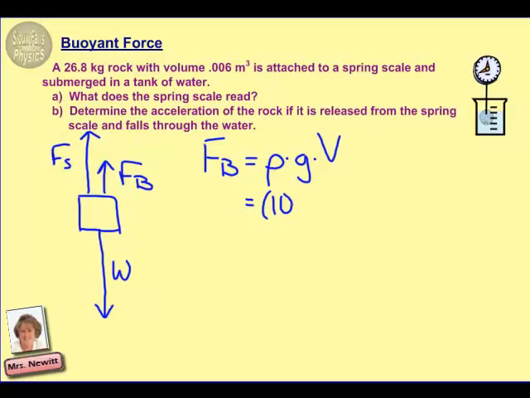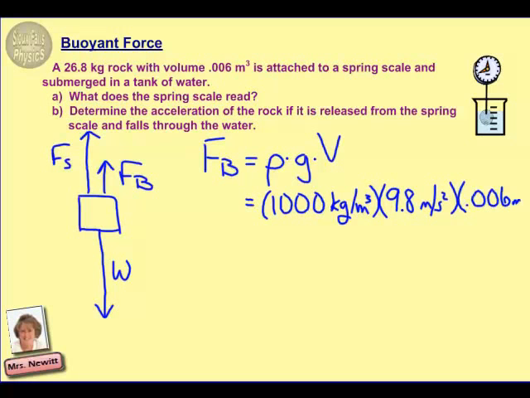And assuming this is normal water, that would be a density of 1,000 kilograms per cubic meter multiplied times gravity of 9.8, and then finally times the volume of the rock, 0.006 cubic meters. And again, notice our labels would all cancel out. We would have cubic meters canceling out, and we would be left with kilogram meters per second squared, or newtons. By doing this, we could figure out the buoyant force on the rock.